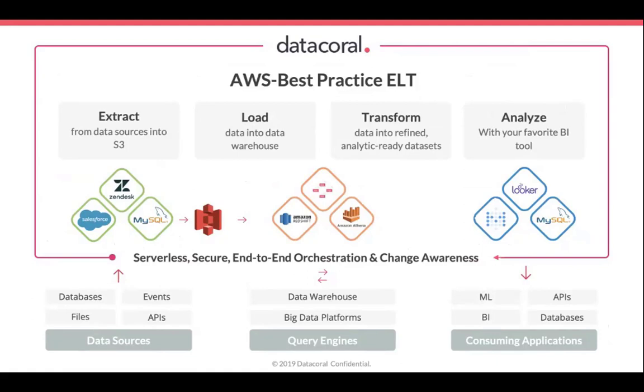Exactly. So let's talk about what we operate within AWS, and we follow, of course, their best practices around extracting, loading, transforming data, and getting it to a BI environment.